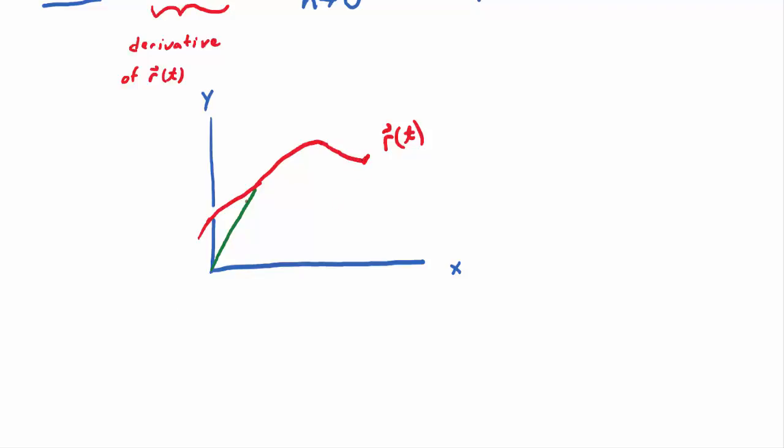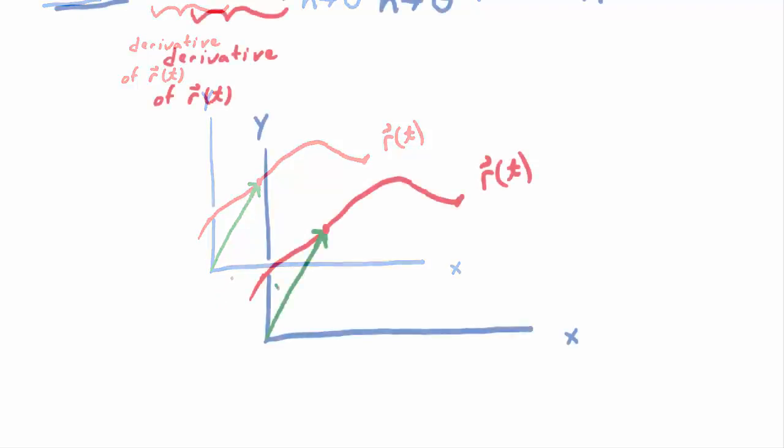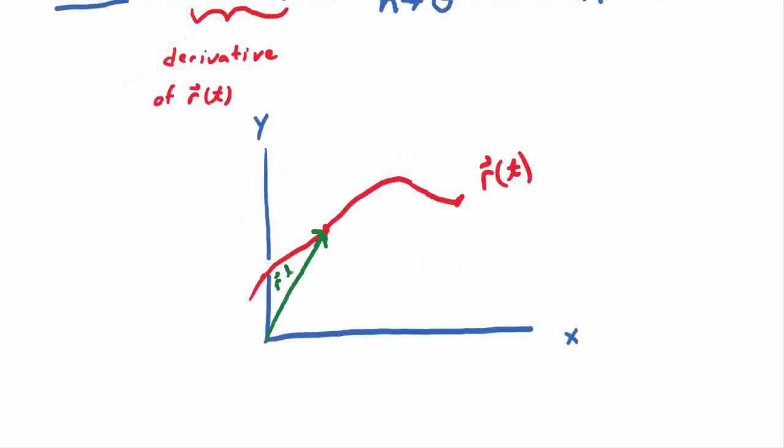Yeah, that'll look better. Okay. So let's suppose this vector is the vector you would get. I'm actually drawing the vector, and remember the tip of the vector is a point on the curve. And let's suppose that this vector is r of t subscript 0, like that.